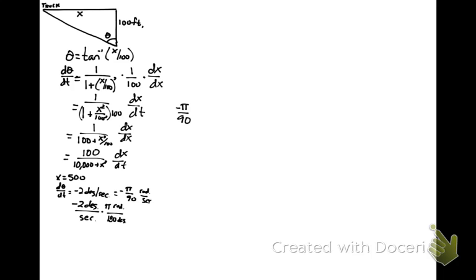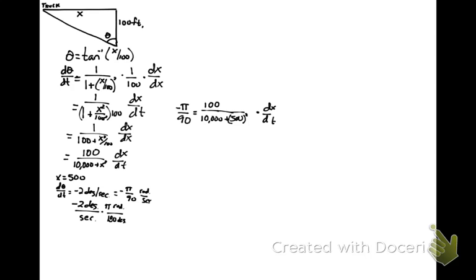And that is going to be equal to 100 over 10,000 plus x squared, and we're told that x in this case is 500 feet, so plus 500 squared, times dx dt. And 500 was in terms of feet. So if we solve for dx dt, we should have the change in feet per second.